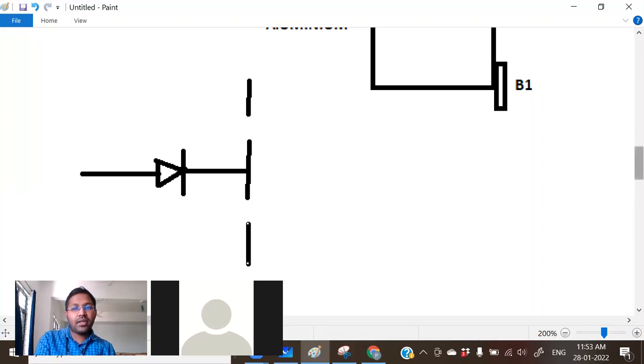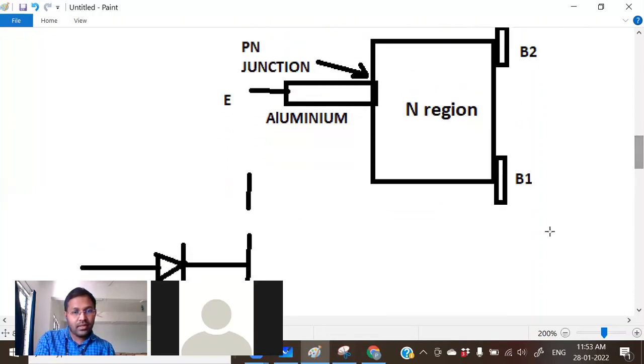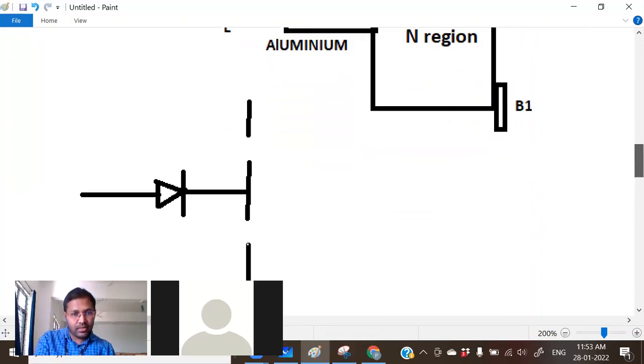So this top terminal, let me complete the resistors.